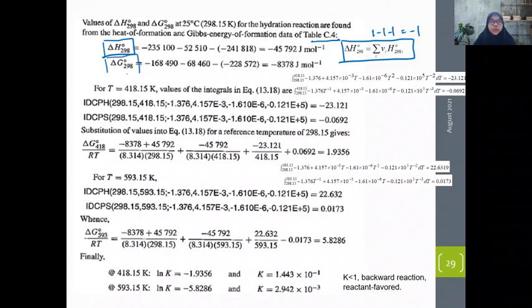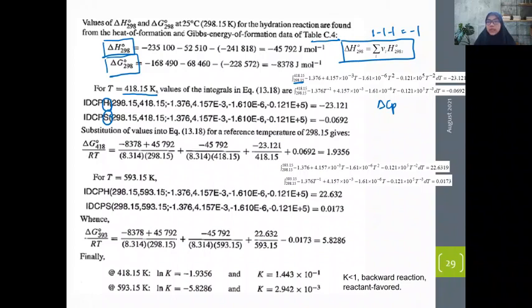The same goes for delta G. Refer to the value in table C4, insert this value and multiply by the stoichiometric number. Then next, at 418 Kelvin, we have this delta Cp for both enthalpy and entropy. Use your scientific calculator and insert this value from the reference temperature at 298 to the desired temperature.